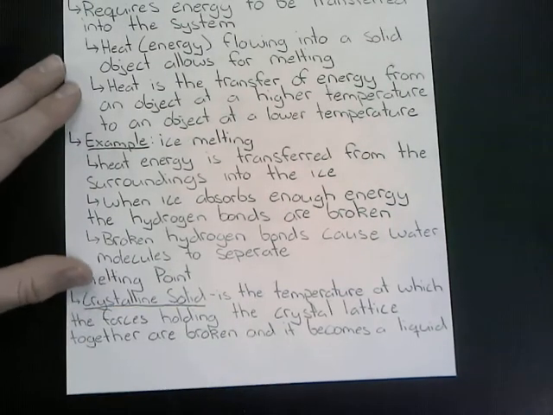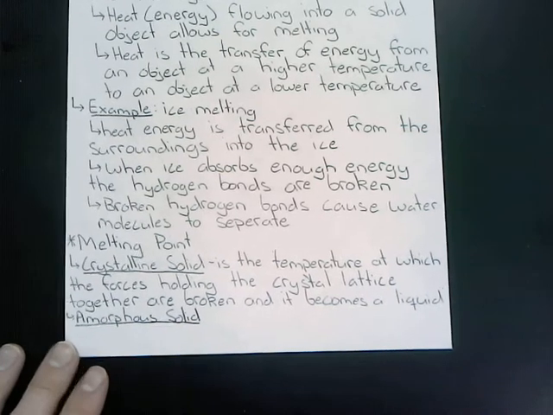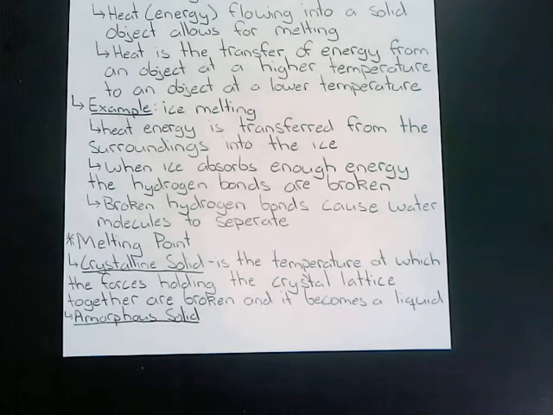The other point we need to make about a melting point is for amorphous solids. Amorphous solids, remember substances like rubber, the melting point is difficult to determine because these solids tend to act more like liquids than a solid in a solid state.